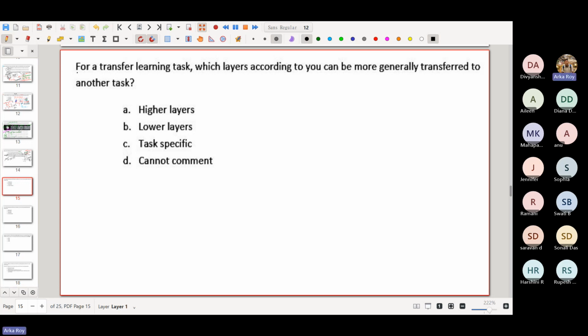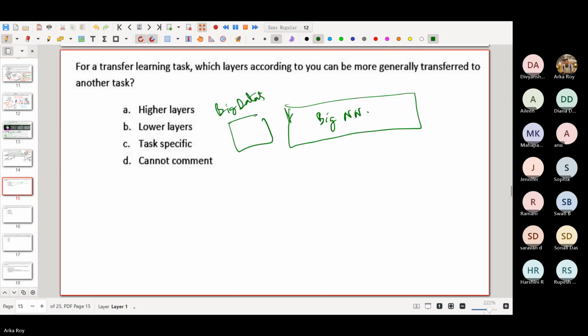So the next question is, for a transfer learning task, which layer according to you is more generally transferred to the task. Transfer learning is basically when you have a very big NN trained on a very big data set like ImageNet, and you have 1,000 class classification in case of ImageNet.